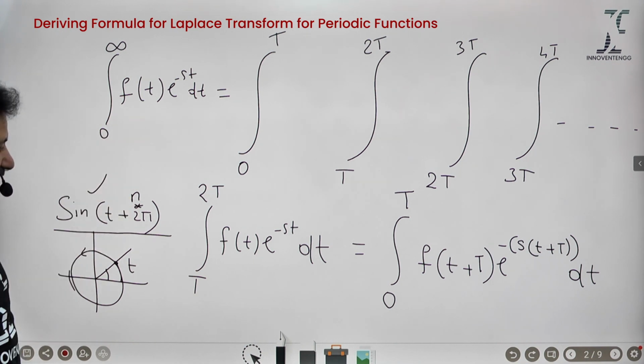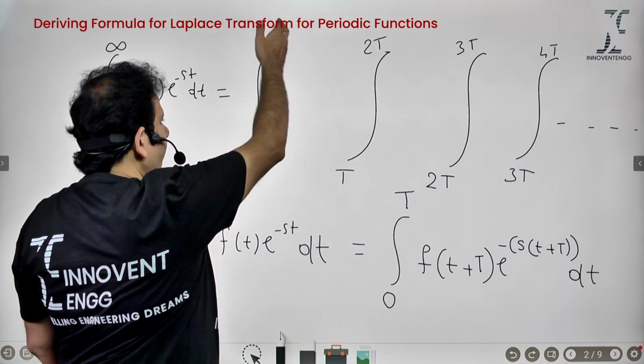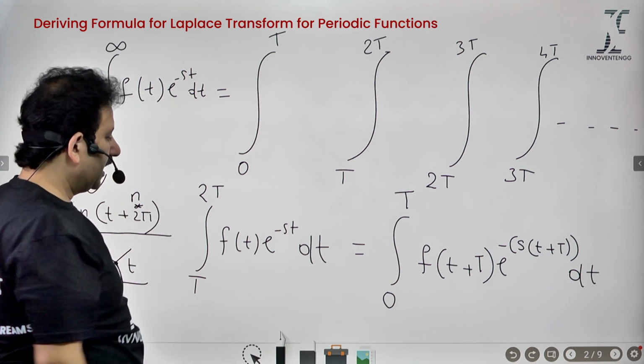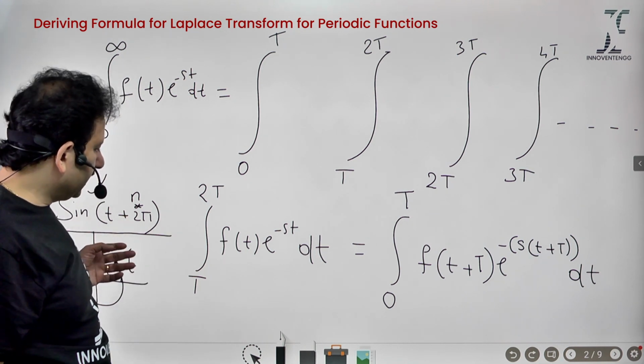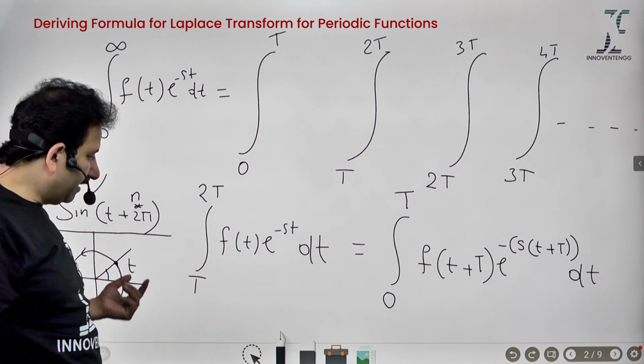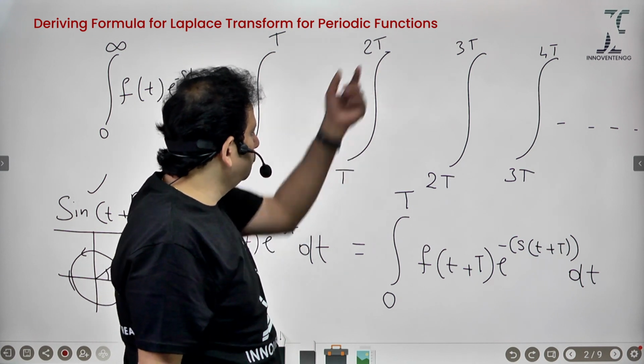So that is what we have used. The first integral is from 0 to T, the second integral from T to 2T, and we wanted to shift left by a period T. So what happens if you shift left by a period T? The original limits of integration are from T to 2T.